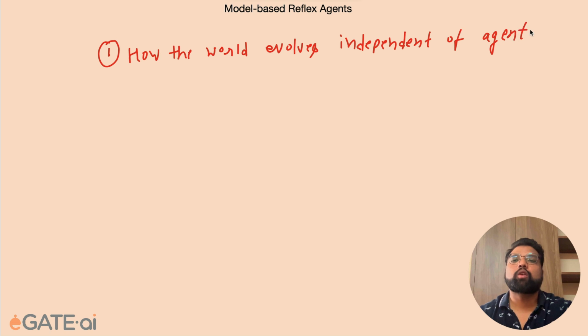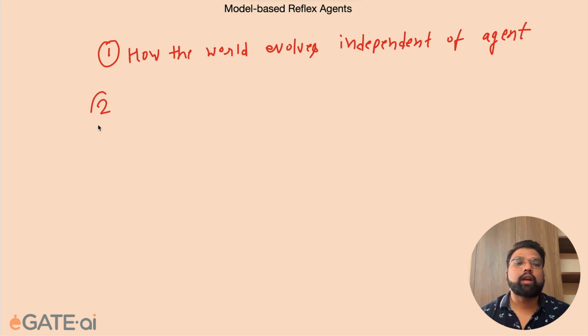Because the agent is operating in an environment, that will also change. Suppose in the vacuum cleaner world, block A or B can be clean or dirty, so that is the world which changes over time, right? The agent will have to somehow keep track of how the world is changing.